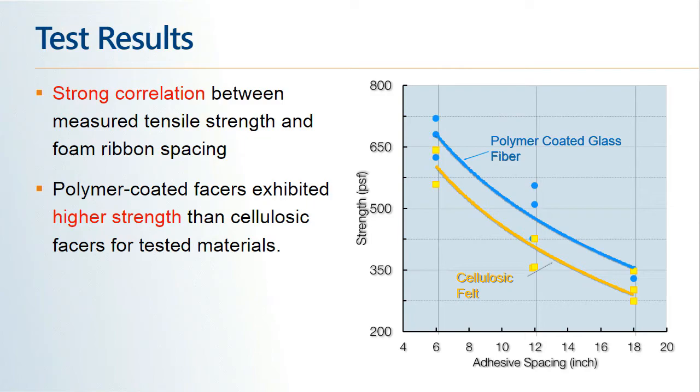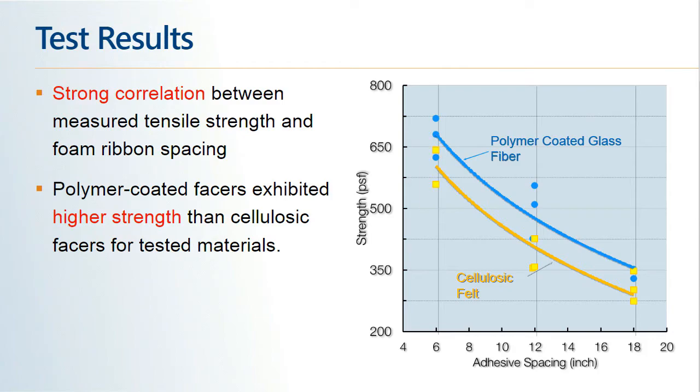And when you do that, you will optimize the performance of the strength of the insulation bond. Again, keep in mind that these measured loads don't include any safety factors, although they were high, which would need to be applied.